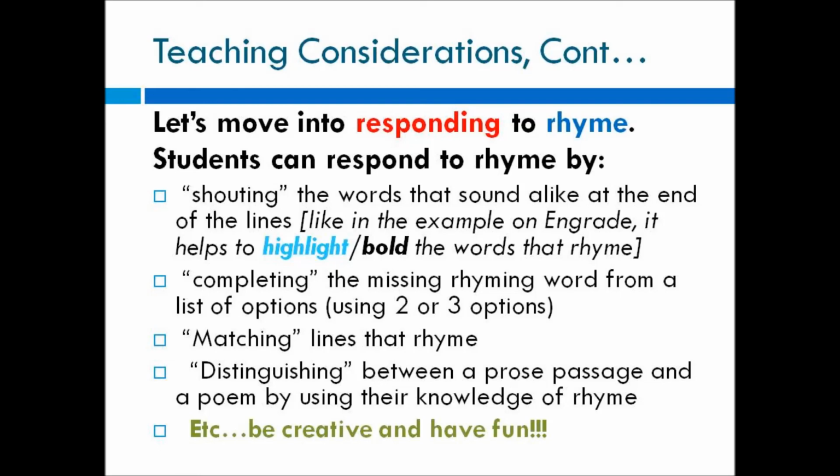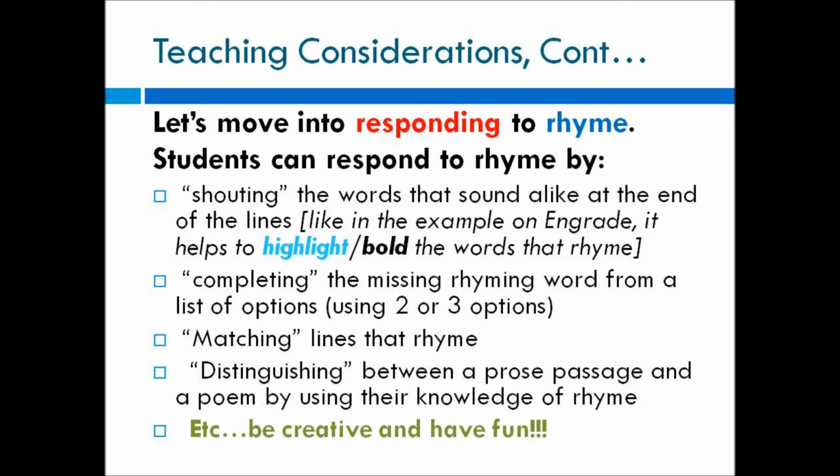Students can also complete the missing rhyme. You give them a list of 2 or 3 options of words that they need to select one that rhymes like a certain line. Students can also match the lines that rhyme.